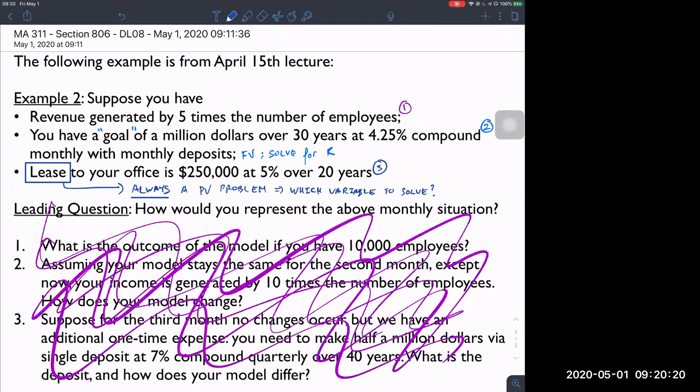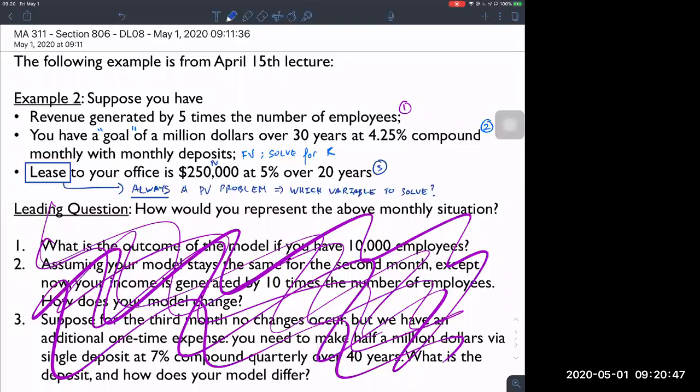So you want to ask yourself, well, which one is it? The fourth column. And the reason is that here they tell you that you have a present value. This $250,000, that's what you are loaned.